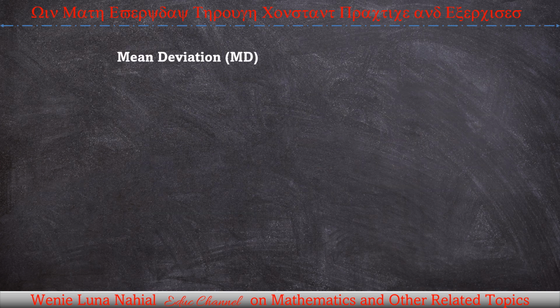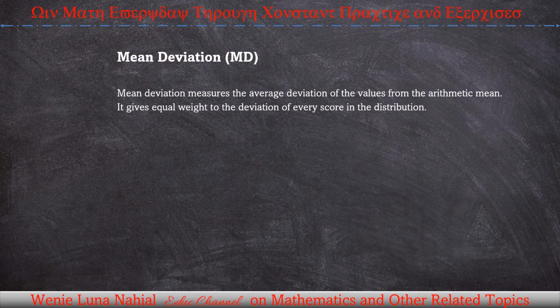Now, mean deviation. Mean deviation measures the average deviation of the values from the arithmetic mean. It gives equal weight to the deviation of every score in the distribution. Mean deviation for ungrouped data. So we have this formula.